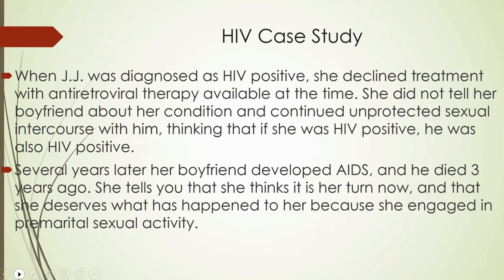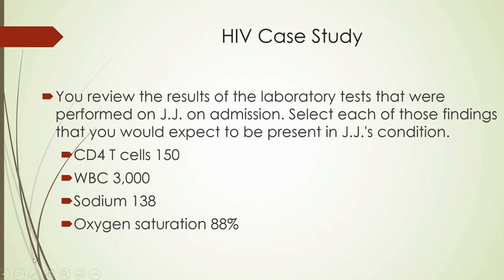But we review the lab tests performed on JJ on admission. And what do you think would be most likely to be present with knowing her history? Do you think she could have a CD4 count of 150? Yes, that could be showing us something about her HIV.